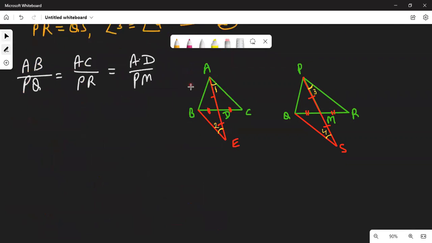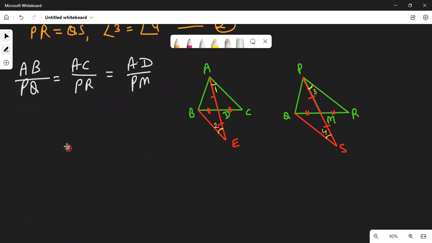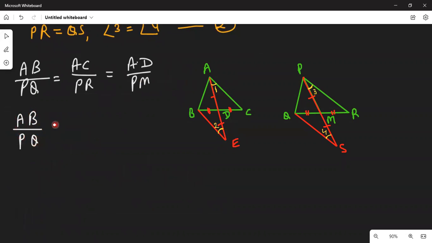Let's write AB by PQ as it is. This implies AB by PQ is the same as, in place of AC, we are going to write BE because in equation 1 we proved that. And in place of PR, we are going to write QS, since PR is equal to QS, equation 2.